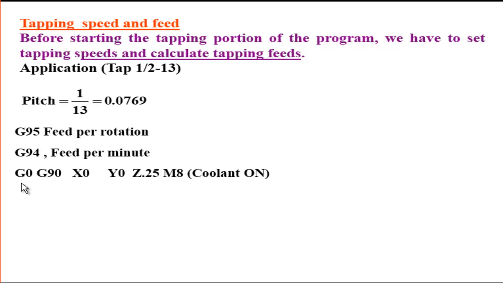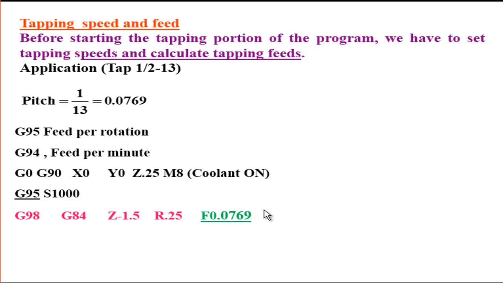So assuming we start by bringing the tool to the location of the hole, knowing the depth of the hole, and coolant on, M8, then if we use G95, it means we will program in feed per rev. So if the speed is 1000 revolutions per minute, in that case our feed will be equal to the pitch, because here it will be per rev.